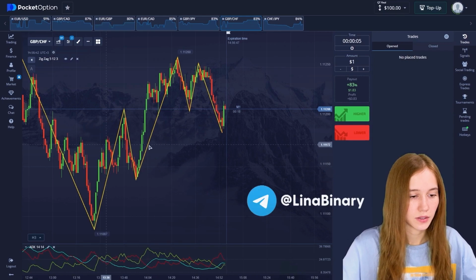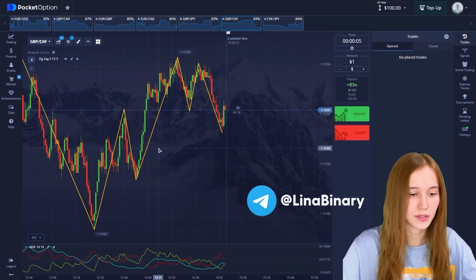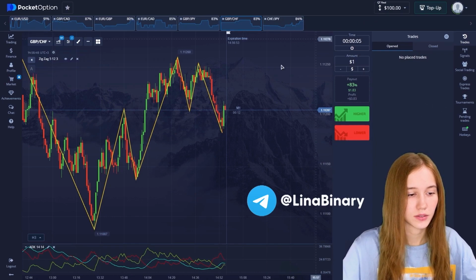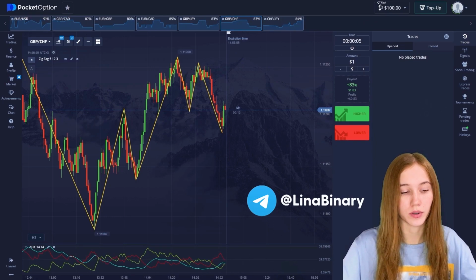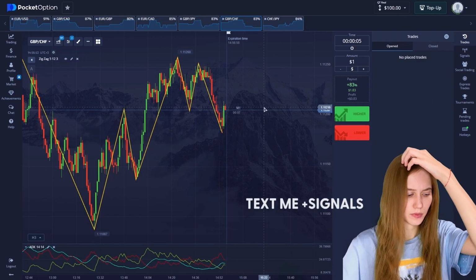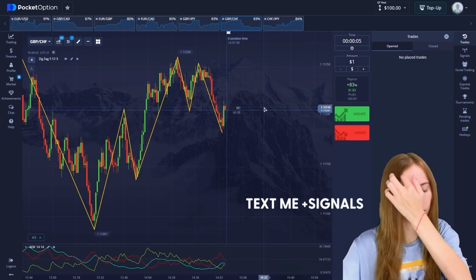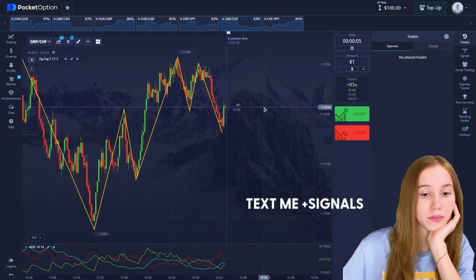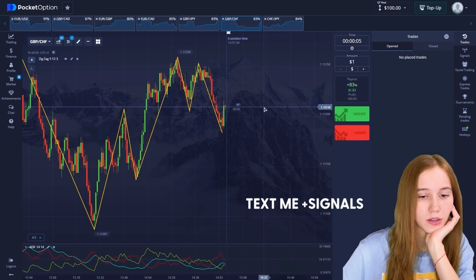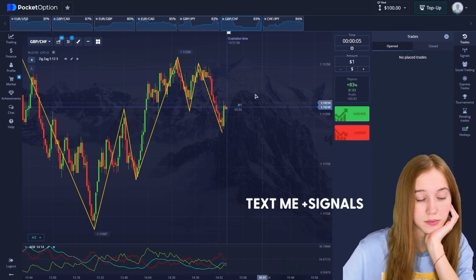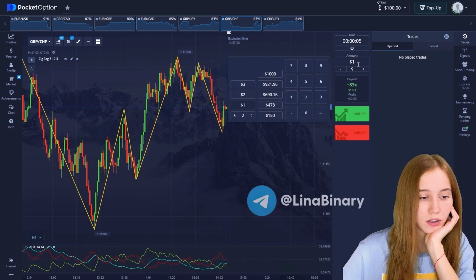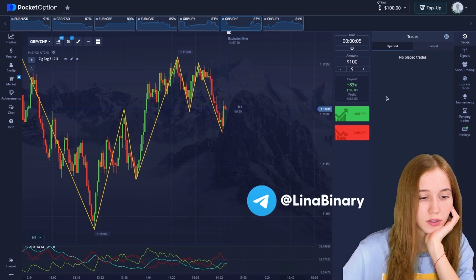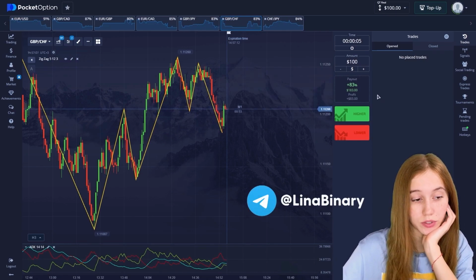So let's start on our workspace. First, we say today we'll trade with $100. We start with this sum, our starting balance. The amount of each deal will also be $100.